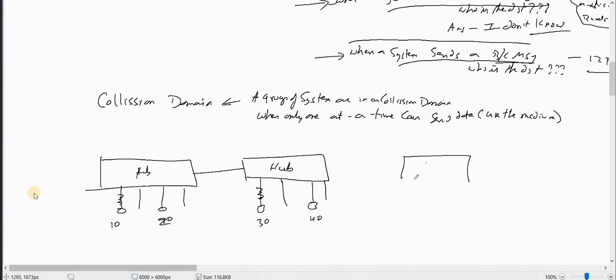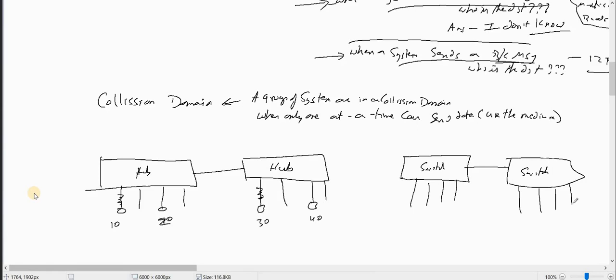Okay. Now I have a switch. Same setup. I just changed the box name from a hub to a switch. Now, when 10 is communicating to 20, at the same time, can 15 communicate with 25?